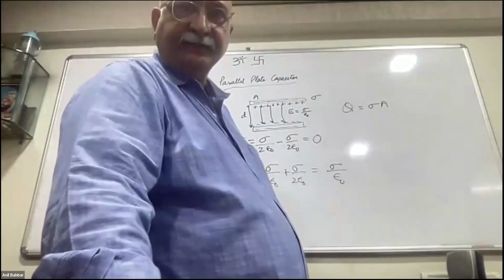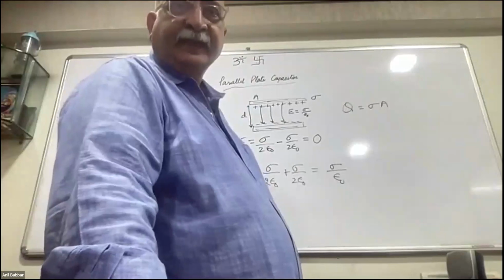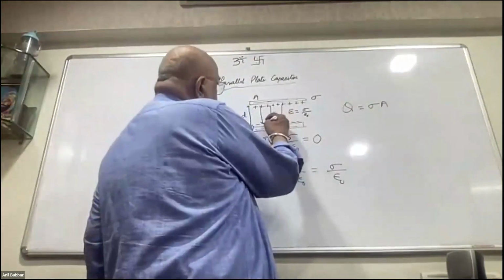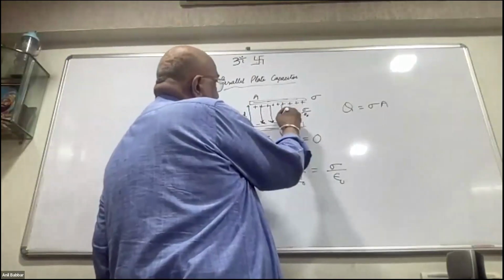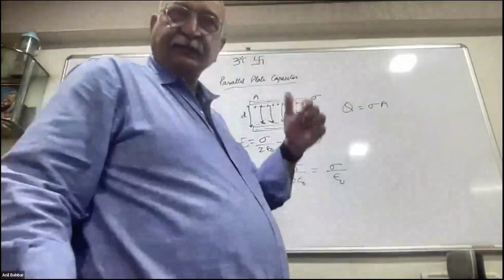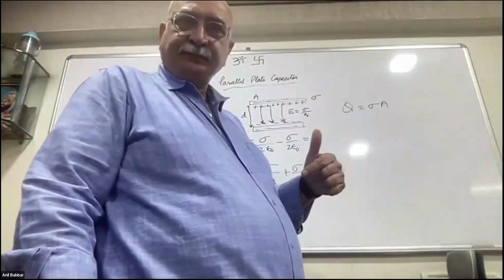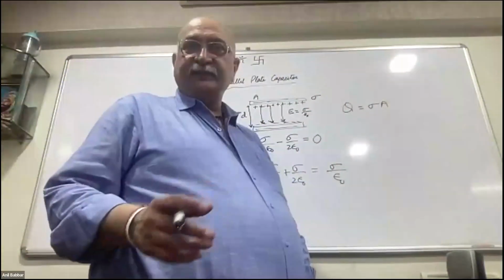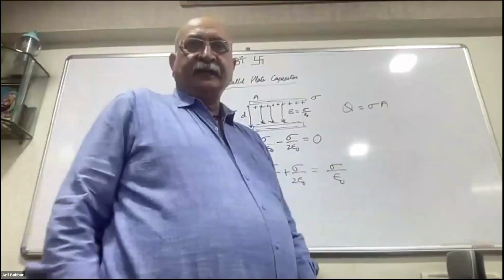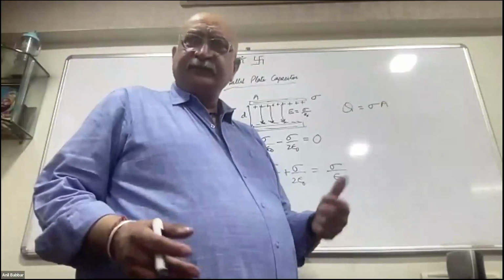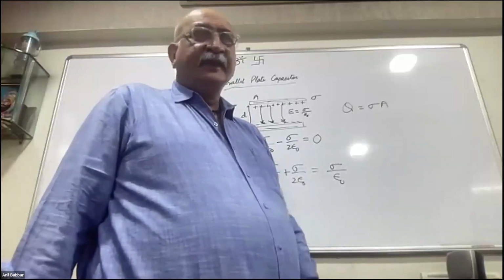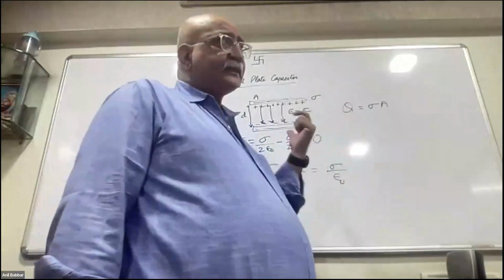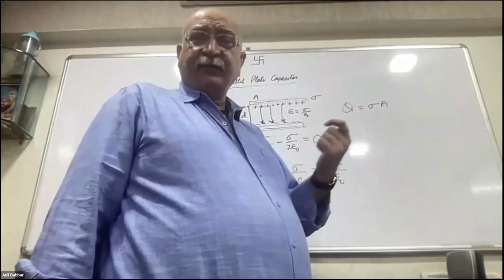Right? Sigma by epsilon naught is this. And the direction is always from negative to positive. It is shown over here also. It is uniform throughout because the plates are placed parallel to each other, right? And for plates which have infinite area, the field lines may bend at the edges only, but we are considering the plates to be parallel, of finite area.